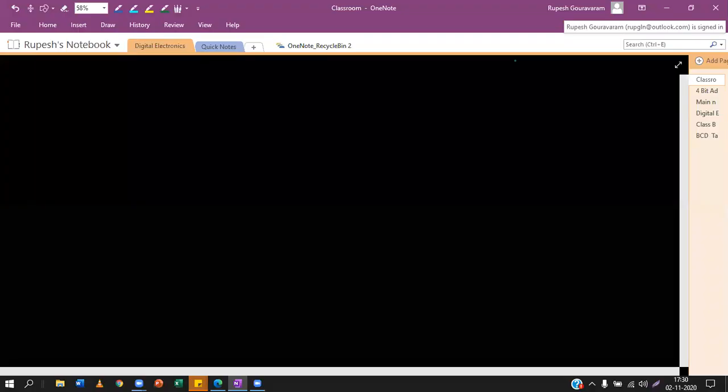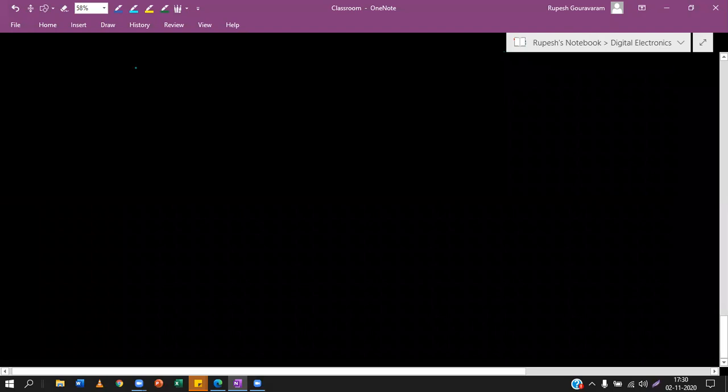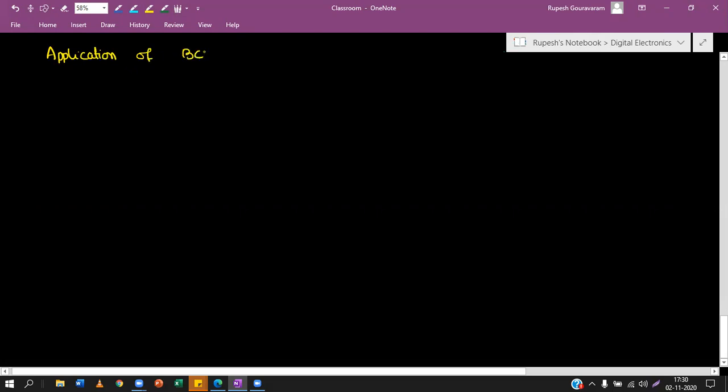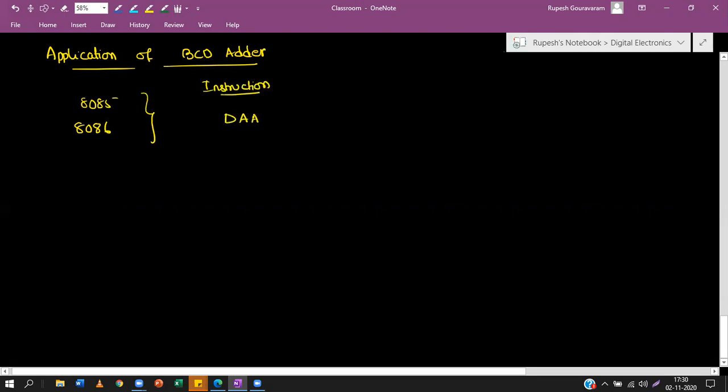Let us now see an application of BCD adder. When we take the 8085 or 8086 microprocessors, there is a specific instruction known as DAA.